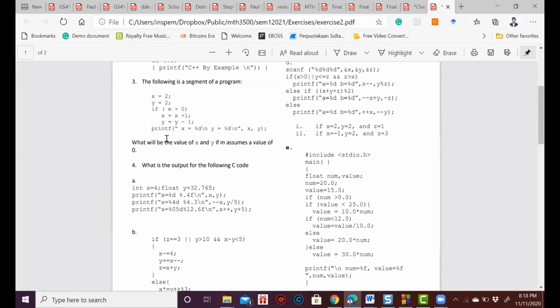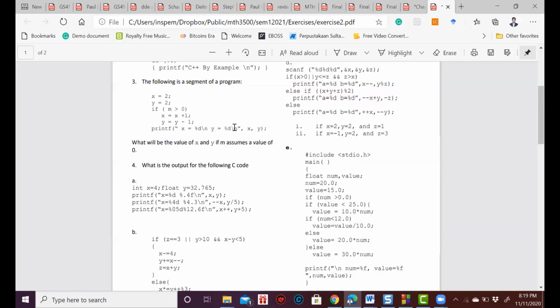Value of X is 0? What do you mean? This one is not executed because the condition is wrong, so we skip it, and go directly to this one, Y equal to Y minus 1. So we skip the X and go to the Y because this condition is false.